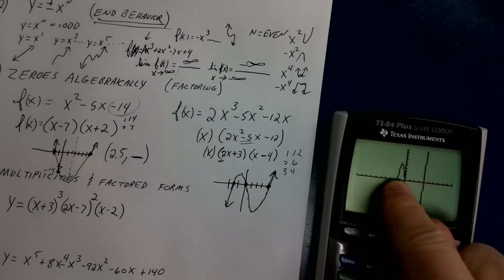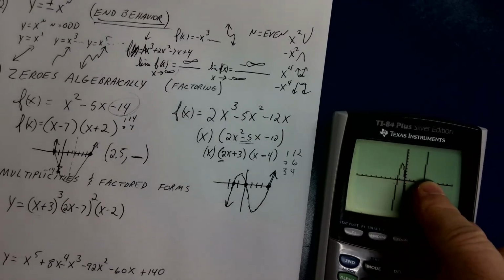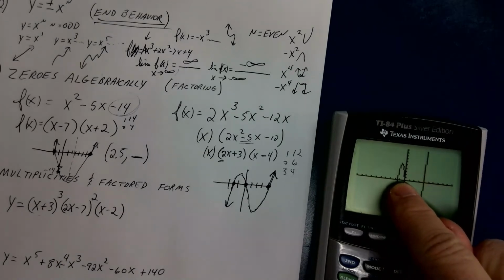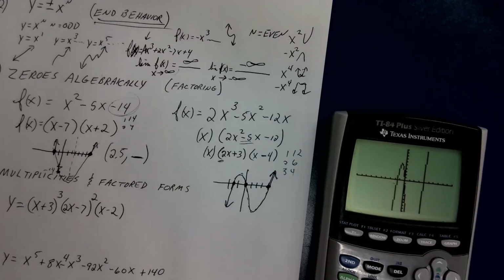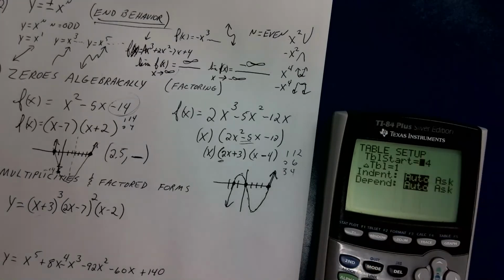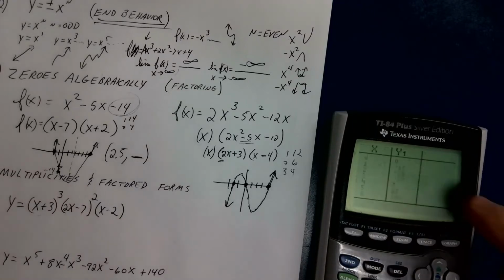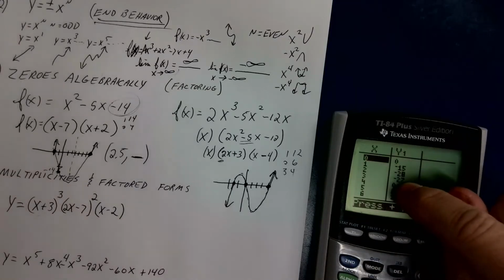I think I have some zeros of that function. Looks like that one goes right around there between about 1.5 and the negative. That's good. Looks like it goes through the origin. It looks like it goes through 4. That's pretty good. Let me check my table setup. Started at 0.